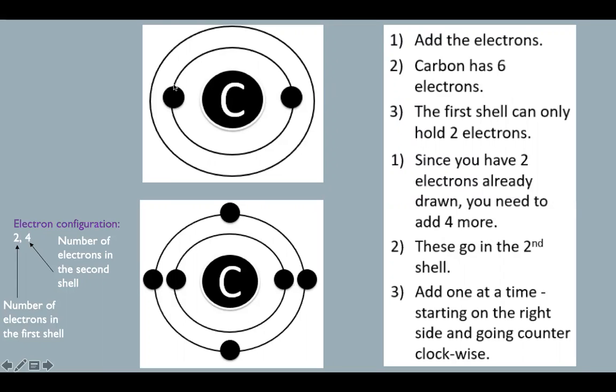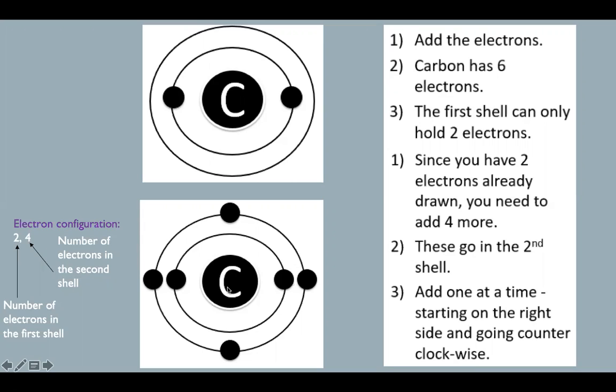We always draw them in the opposite end because they have got same charge and they repel each other. So you draw the 2 electrons here. And then after that, if 2 goes into that and it has got total of 6 electrons, how many left? 4 left. So then the 4 will go to the next shell, and that's it. We are done.